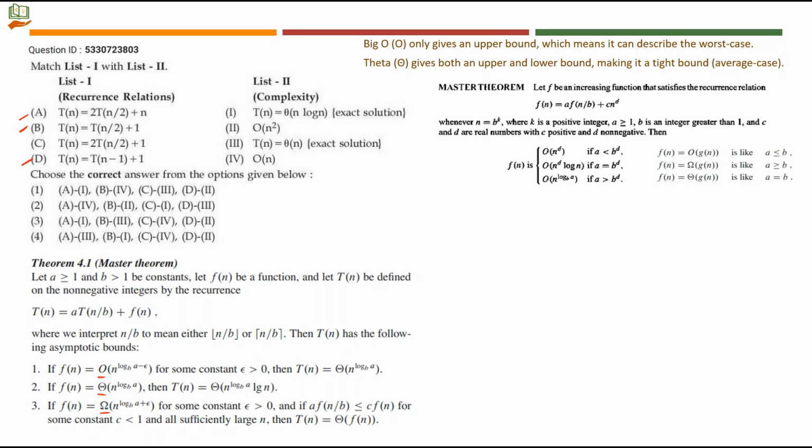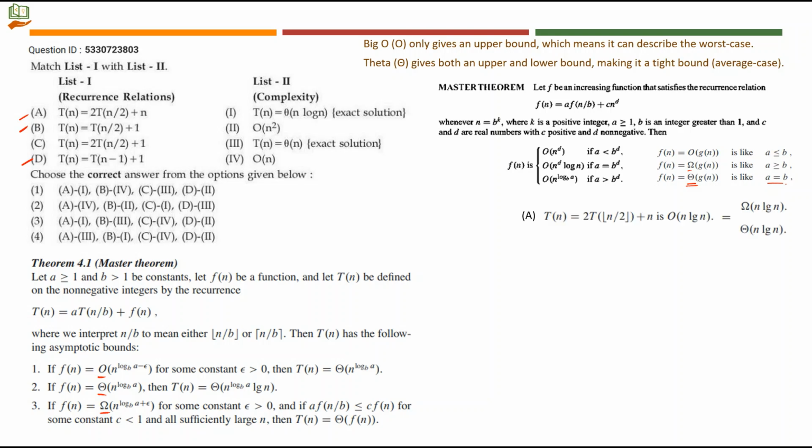When a is greater than or equal to b, we can mark it with omega. When a is equal to b, we can take it to be theta. So this is how I am mapping f of n's time complexity along with this particular Master's theorem based on the condition a greater than b or a less than b or a equal to b.